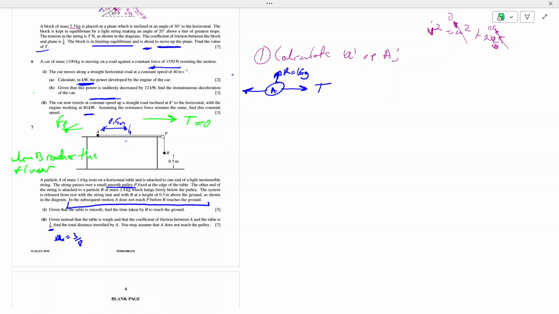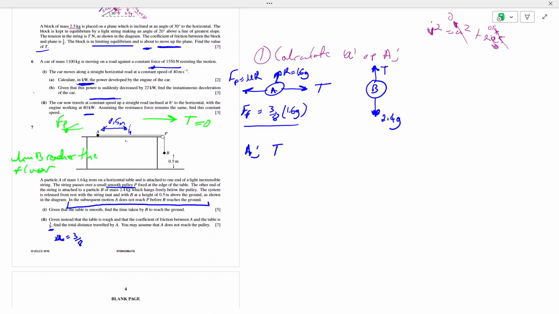Then it's going to have the frictional force, F, which is equal to mu R. To get the frictional force, I have the mu, which is 3 over 8, and the R, which is 1.6 g. Then I also still have B, with the force acting down being 2.4 g and the force acting up being T. I'm going to use these two to calculate the acceleration.